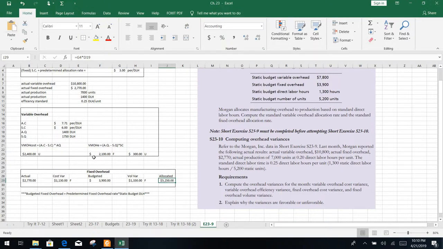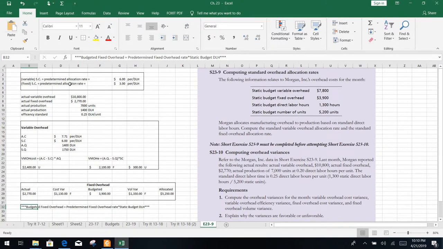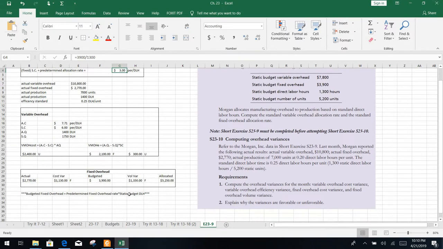So I'll just walk you through that briefly. For the sake of the video, the actual amount was given, 2,700 here. The budgeted, and I wrote a little note here because this was the tricky part, the budgeted fixed overhead is equal to the predetermined fixed overhead rate, which is all the way back up here, the predetermined allocation rate, $3, multiplied times the static budget direct labor hours.